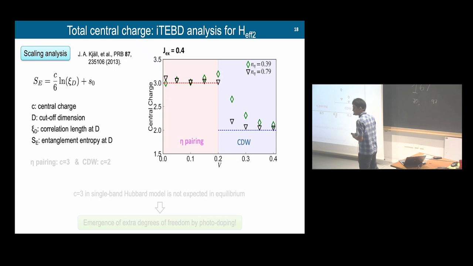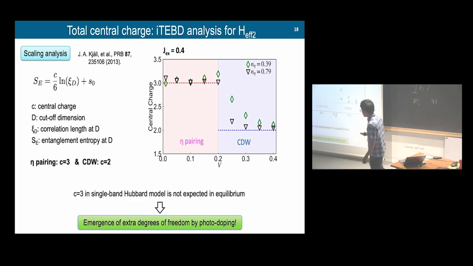Actually, this conjecture can be numerically checked again with this tensor network method, using some scaling analysis for the entanglement entropy. I skipped the detail, but with this kind of analysis, we can get this result where we see that in the eta-pairing phase, we have a central charge 3, I mean total 3, and in the CDW, we have 2.